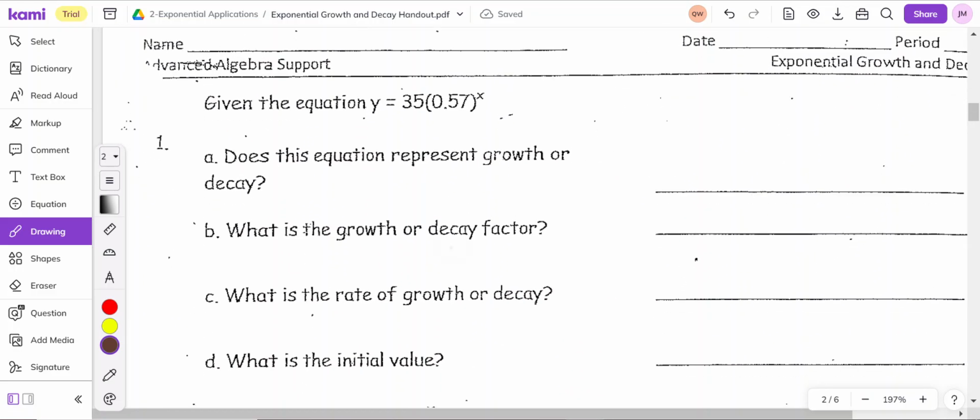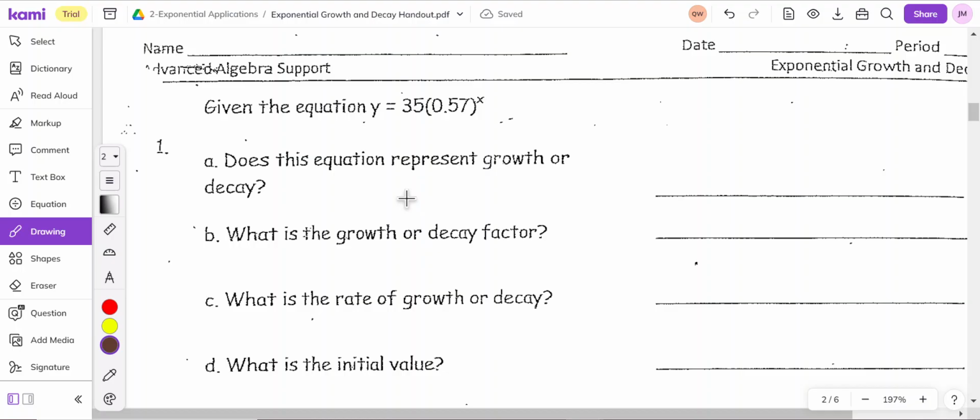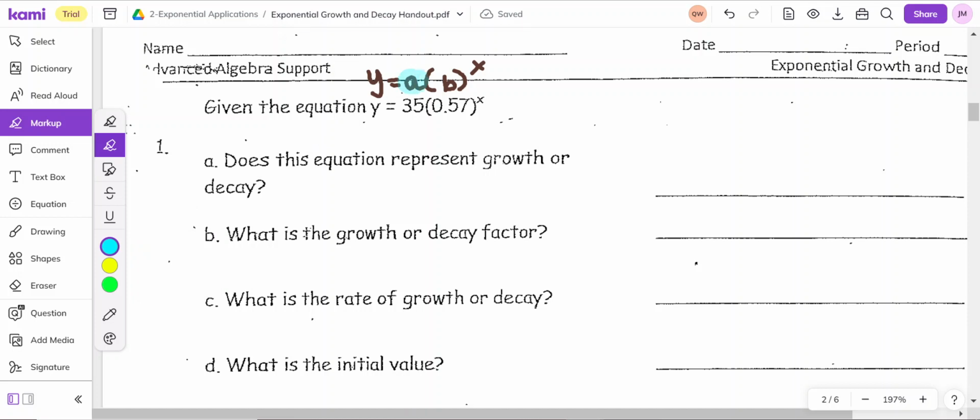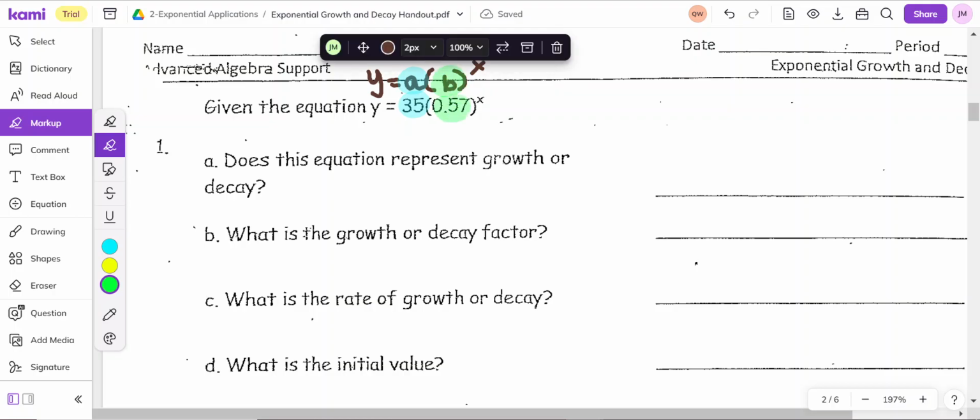All right, flip the page. So the basic function is y equals a b to the x. So if we do a comparison here, a is going to be the 35. B is going to be the 0.57.